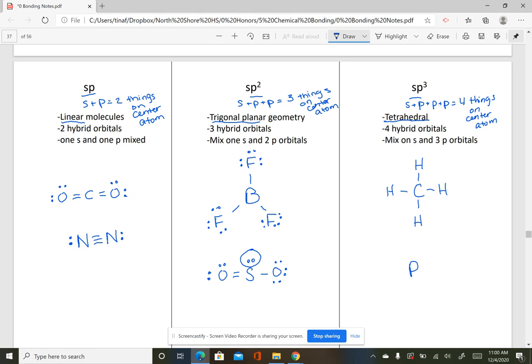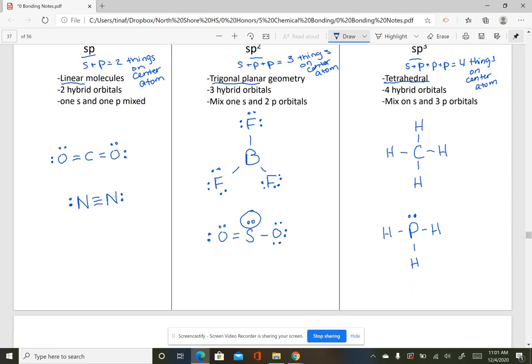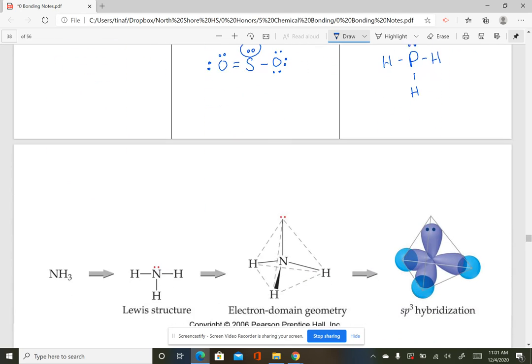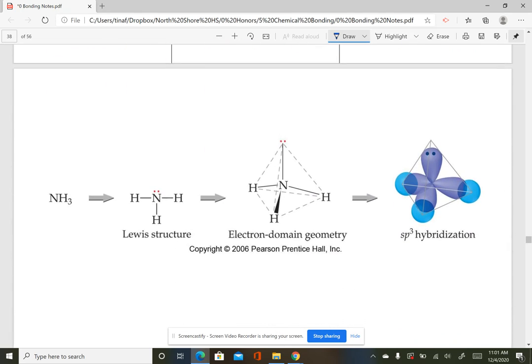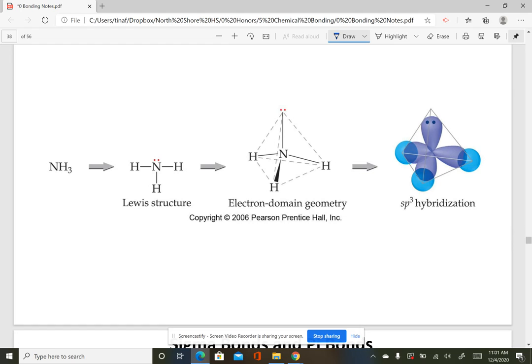Same thing would be for PH3. When I draw out PH3, it's got 3 hydrogen atoms sticking off of the P and a lone pair. So that's a total of 4 things. So we would say it's an sp3 hybridization. One more visual of this, guys. So they're showing us an ammonia molecule, an NH3 molecule.